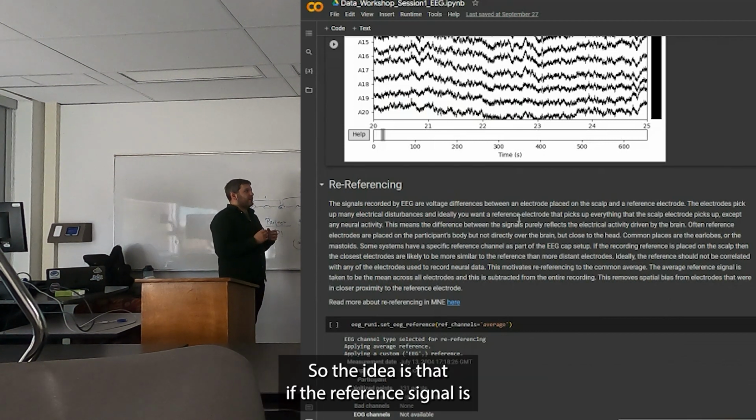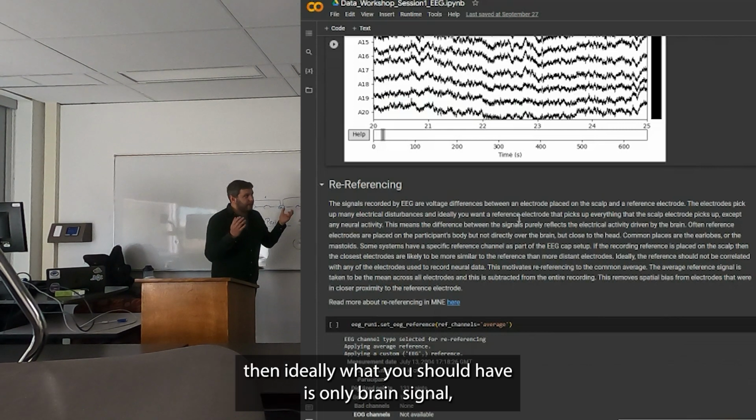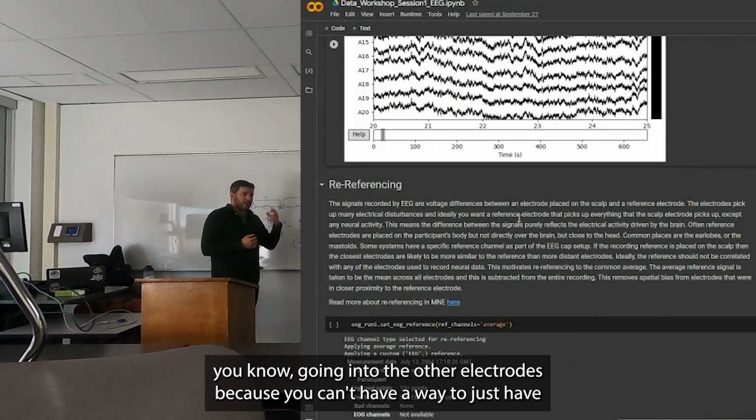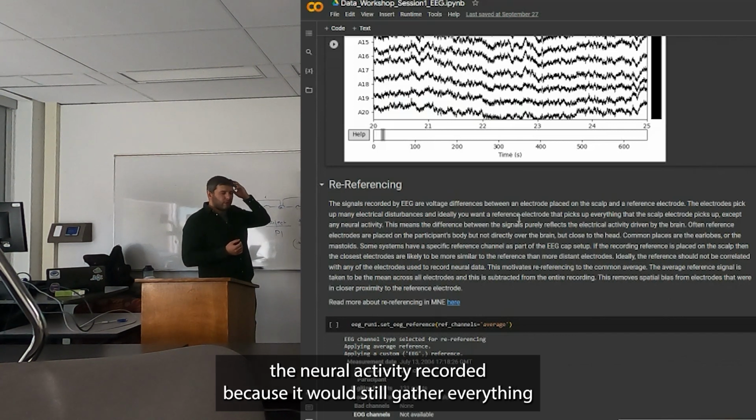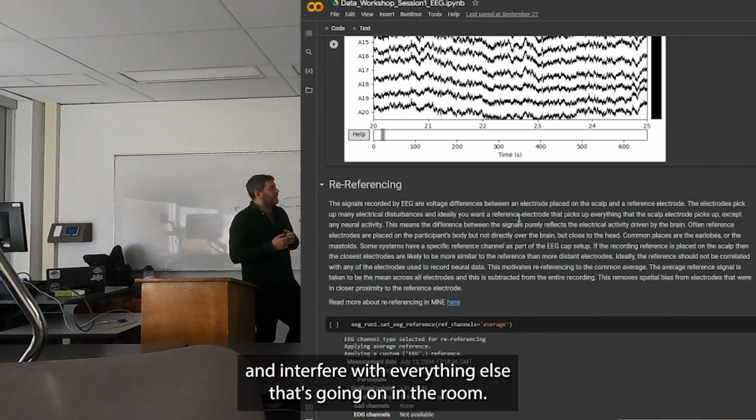If the reference signal contains the noise, then you just subtract that out, and ideally you have only brain signal in the other electrodes, because you can't have a way to record just the neural activity; it would still gather everything and interfere with everything else that's going on in the room.